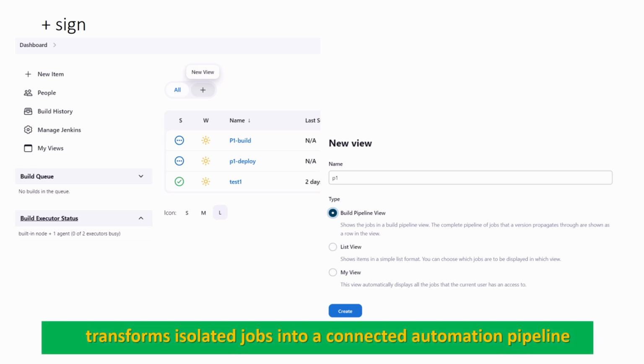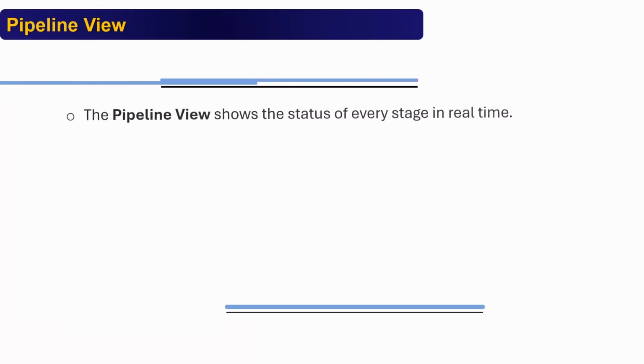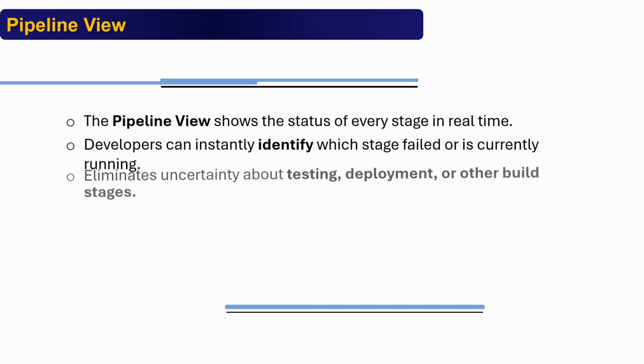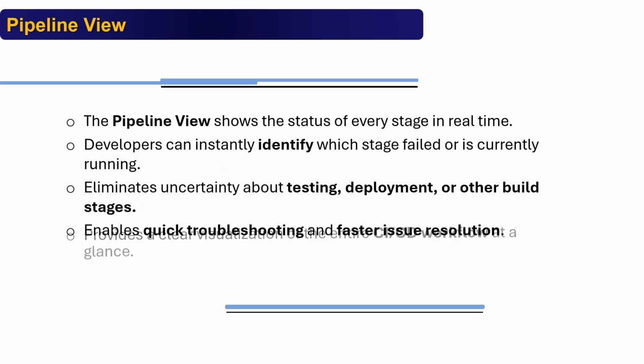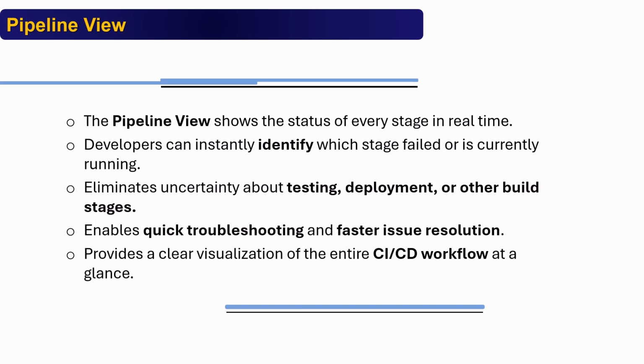Now let's visualize this pipeline. Notice how Jenkins presents the connected jobs visually. Instead of displaying isolated projects, Jenkins now shows the flow from one stage to the other. Imagine a company with hundreds of software projects. Without a pipeline view, developers would constantly wonder which stage failed, did testing complete, has the deployment started.